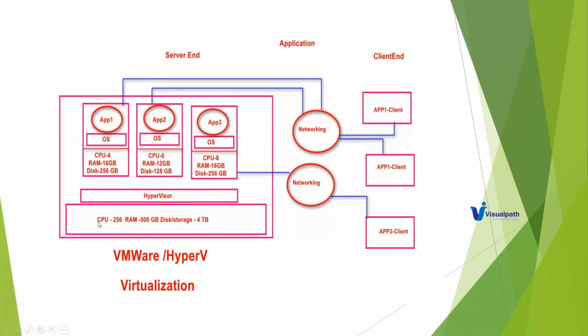You can see 256 CPUs, 500 GB RAM and 4 TB of storage space we have bought together. Now this hardware needs a separate operating system to manage it, and that operating system is called a hypervisor. So a hypervisor is basically a sort of operating system which is required to manage these bulky hardwares.